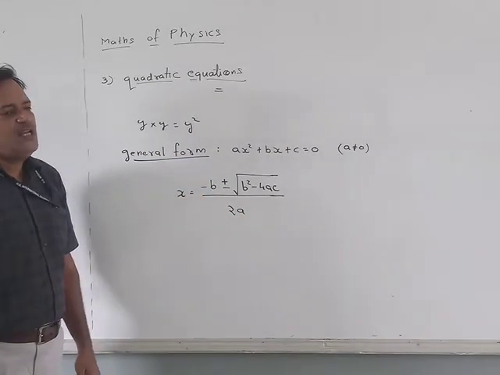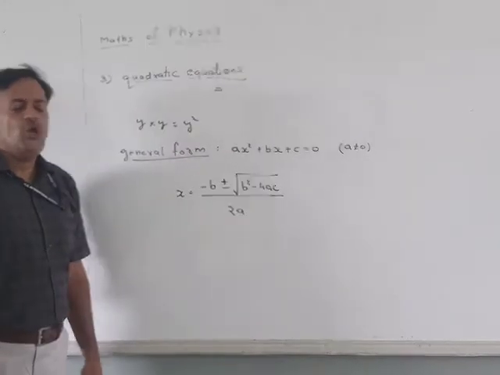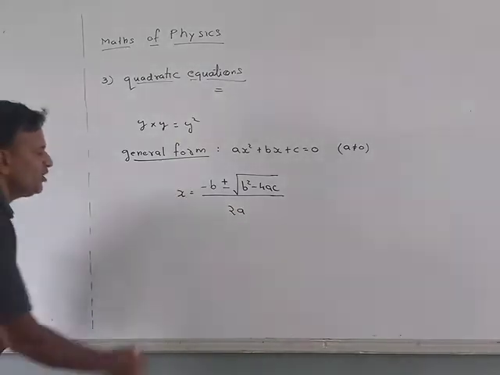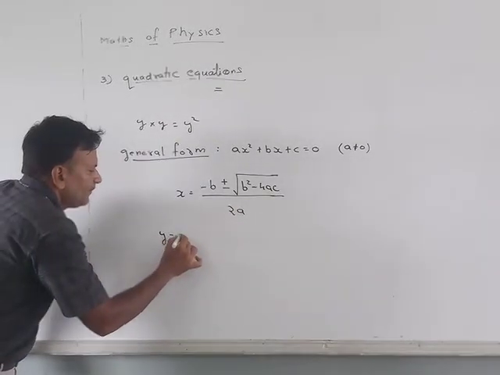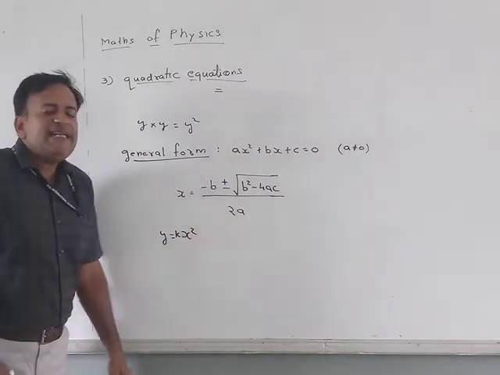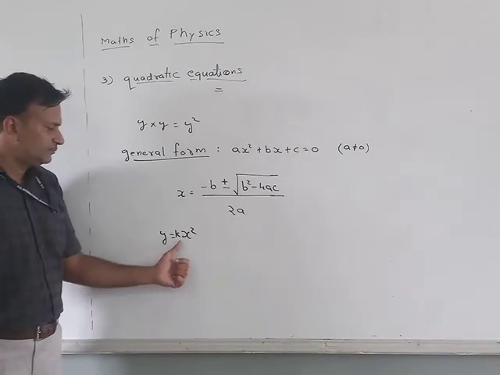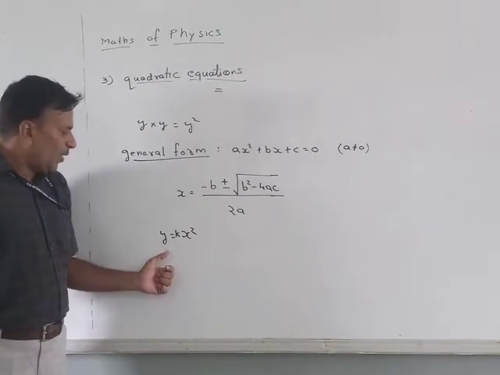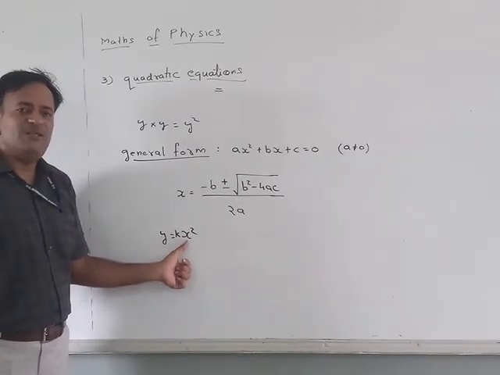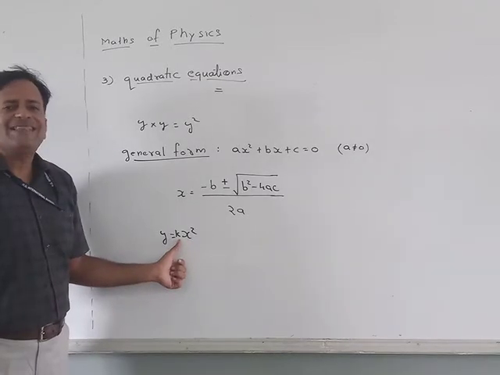But is this form the simplest form? No. The simplest form of quadratic equation is this: y is equal to kx square. y is a variable, x is another variable, it's quadratic, x multiplied by itself, and k is a constant.